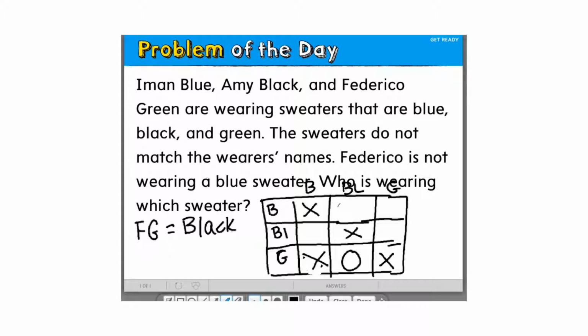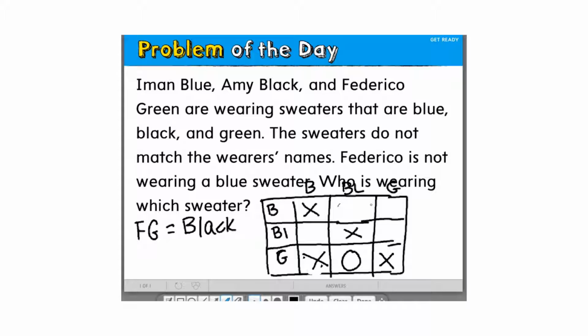Okay, let me take a second to get your attention back one more time. 3, 2, 1, 0. Sorry, I wrote in the wrong box, so now I fixed it. So Federico Green is wearing black. Since he's wearing a black sweater, that means that no one else can either, right?